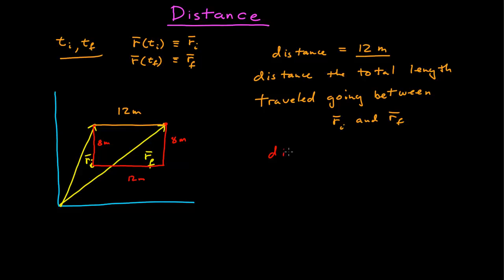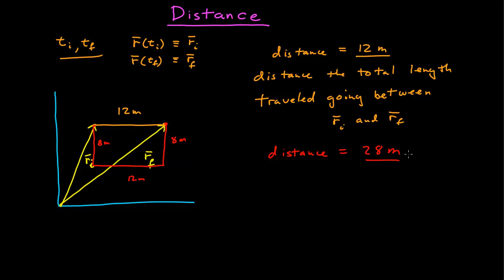In this case, the distance is 28 meters. 8 plus 12 is 20, plus another 8, 28 meters. Even though they left from the same point, the distance traveled is different, and so the distance is different.